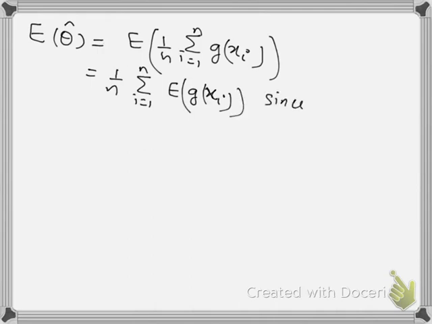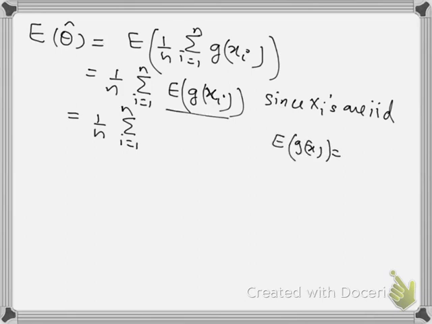since xi's are IID, and 1 over n sum i from 1 to n. Now expected value of g(x) is the integral of g(x) f(x) dx, right?